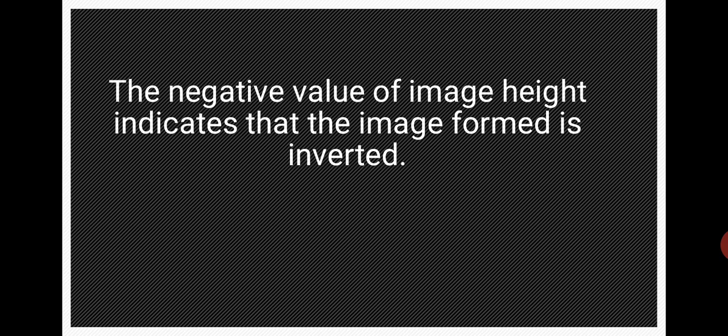So the value of the height of the image is negative, so it indicates that the image is inverted. So these are the three types of problems given in your NCERT textbook. Based on this, you can solve any other mirror and lens problems.